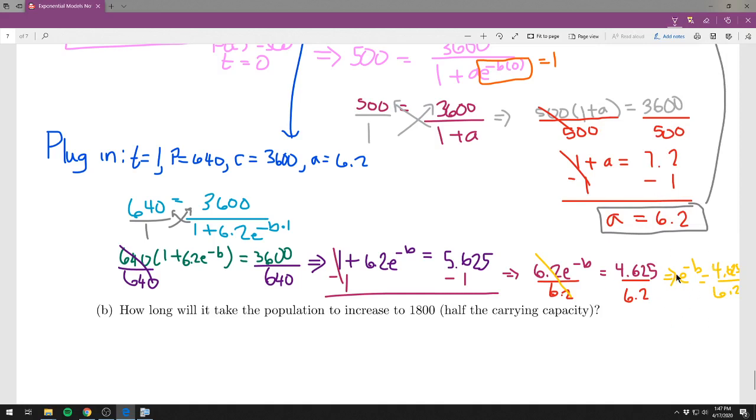Right, now once we have the exponential part by itself, we do the natural log on the other side. We switch to log form, and we get negative b equals the natural log of 4.625 divided by 6.2. Now we can go ahead and type this in our calculator because it's just negative b. If we change the sign after we type it in, we're good.